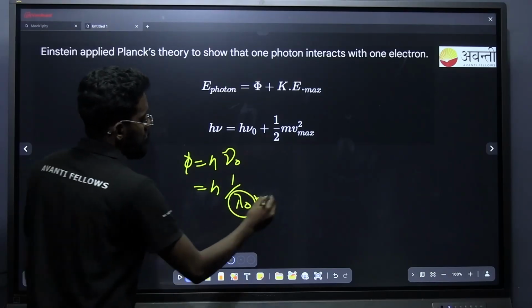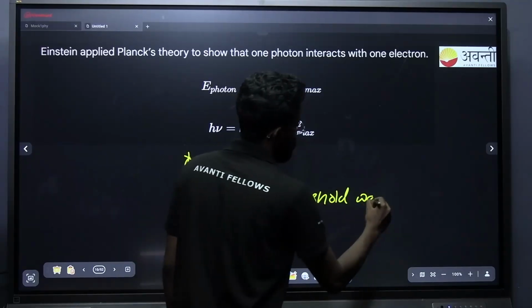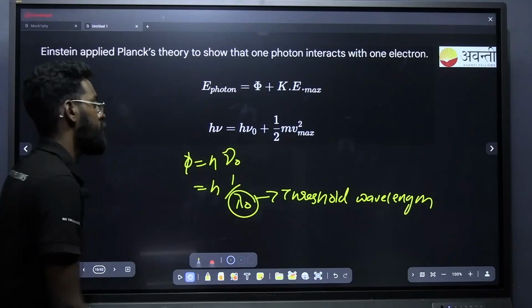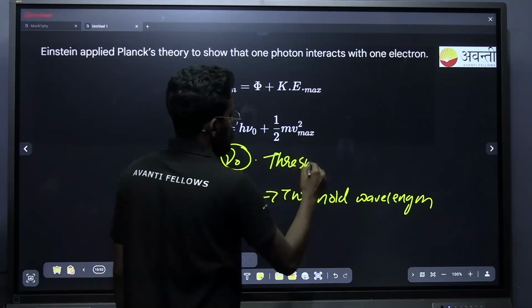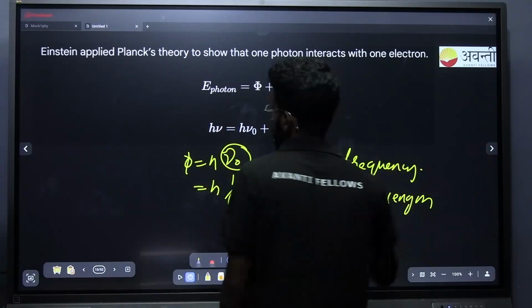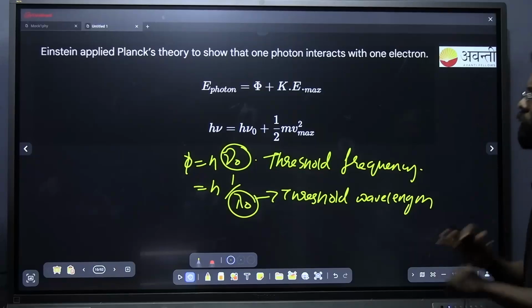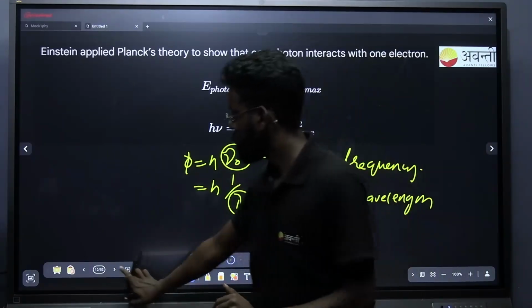Lambda naught is the threshold wavelength. Nu naught is the threshold frequency. Okay, is it clear, everyone? Most of the questions from the photoelectric effect you can solve with these points.